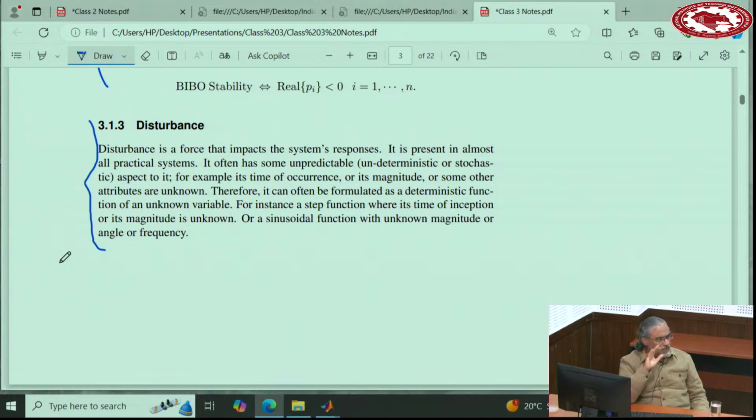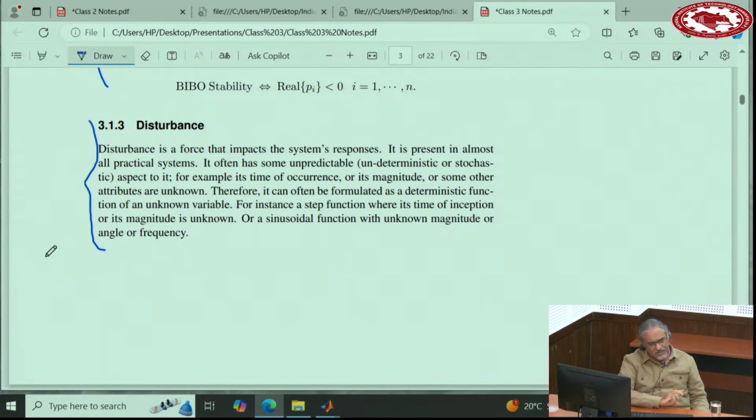That is called disturbance. If you know exactly what time it comes and how much it is, we don't call it disturbance anymore. So at least there is one aspect of this signal that you don't know. And if you really look at every control system, you can find a disturbance. It's there.